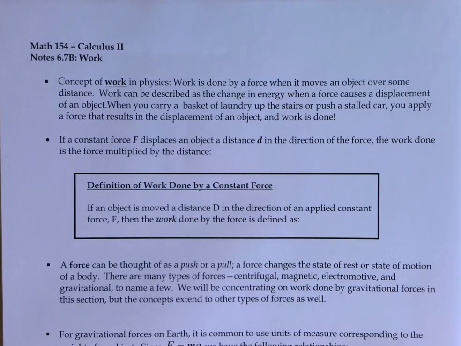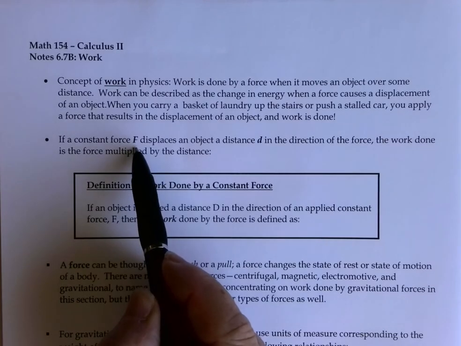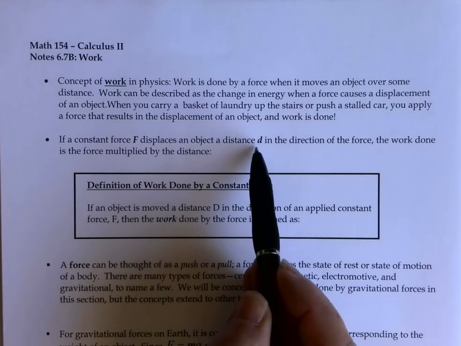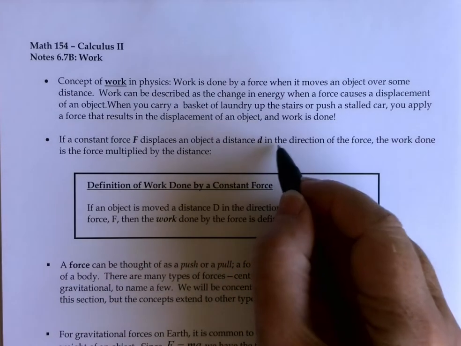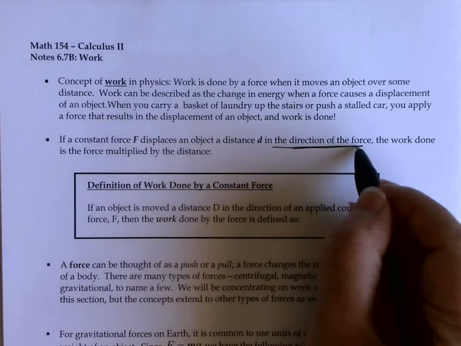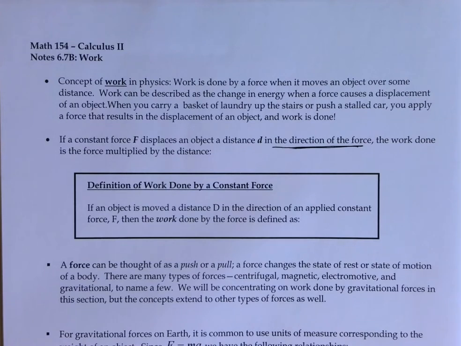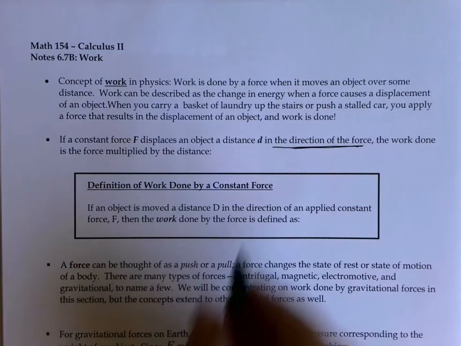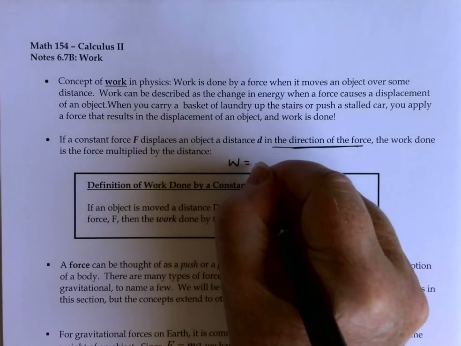For example, if you carry a basket of laundry up the stairs, or if you push a stalled car, you're applying a force and it results in the displacement of an object, and that means work is done. If we have a constant force F moving our object some distance d in the same direction as the force, and that's really important, then the work done is simply the force multiplied by the distance.